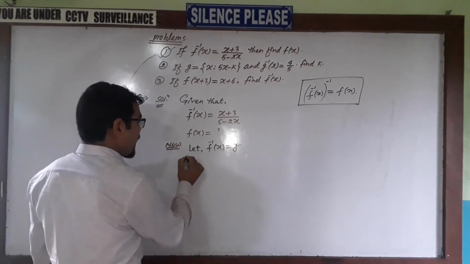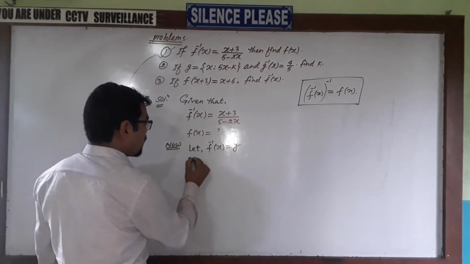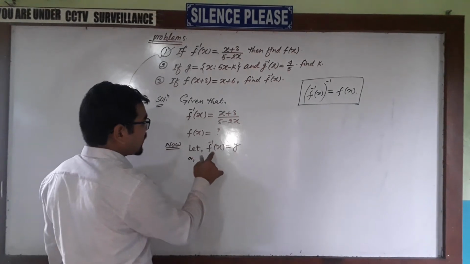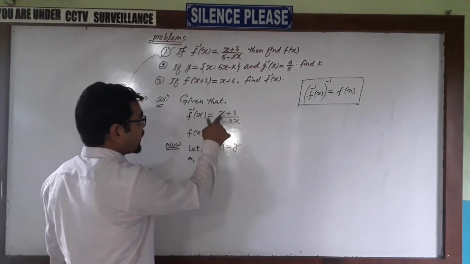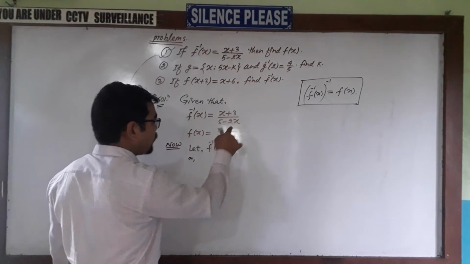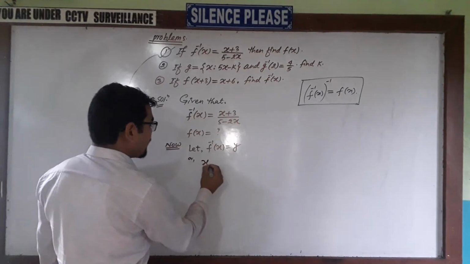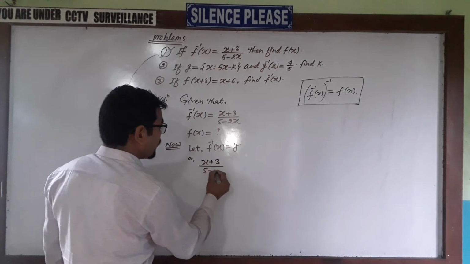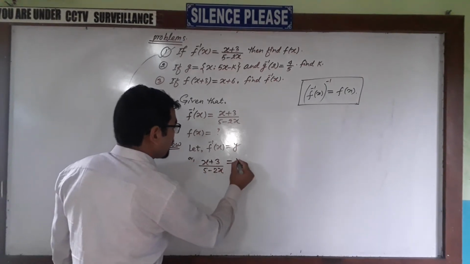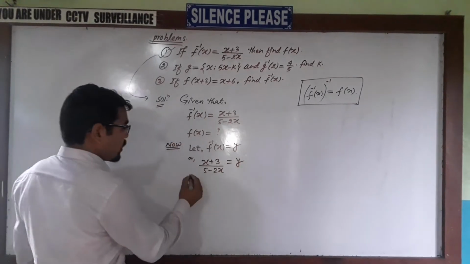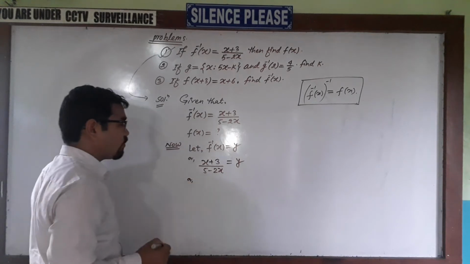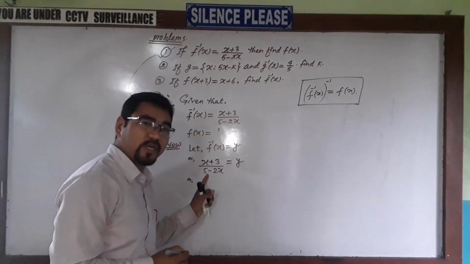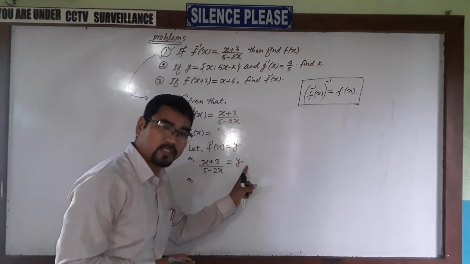Then we can write here, in place of f inverse x, the function is already given: x plus 3 upon 5 minus 2x. It is in algebraic terms, x plus 3 divided by 5 minus 2x. This equal to y we can do. So here, before interchanging the x and y, we can simplify. 5 minus 2x is in divide, this goes there in cross multiply.